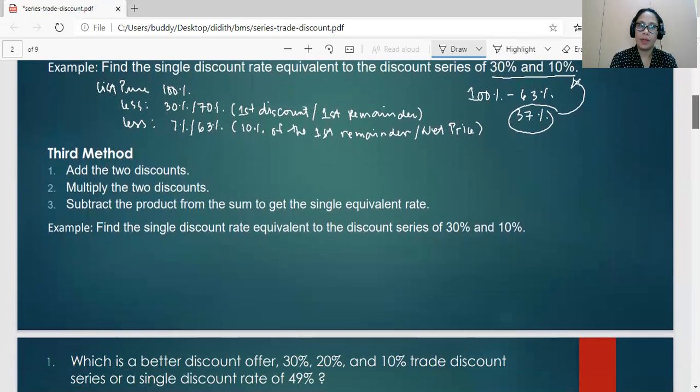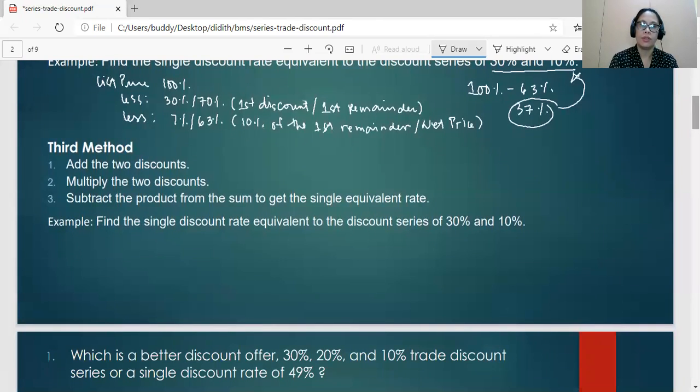And then for the third method, we're going to add the two discounts and then multiply the two discounts. Subtract the product from the sum to get the single equivalent rate. So we have 0.3 plus 0.1.